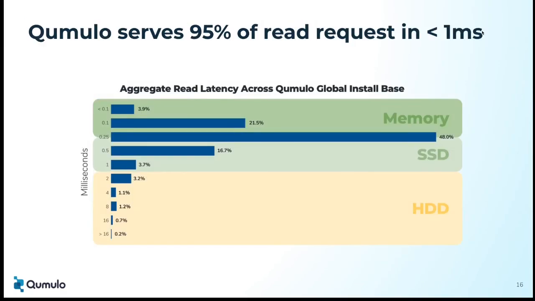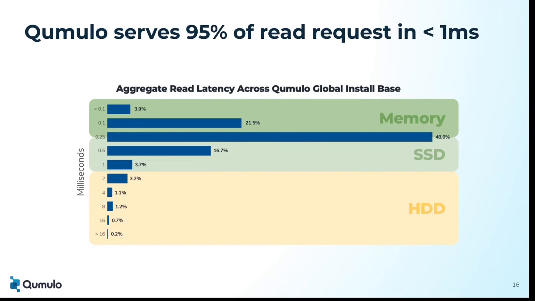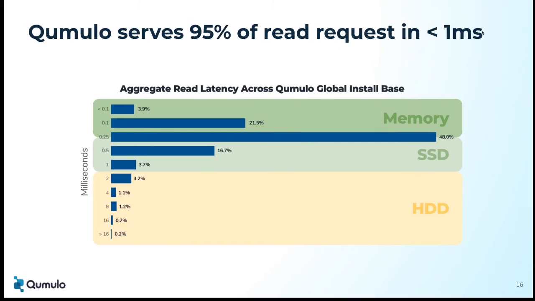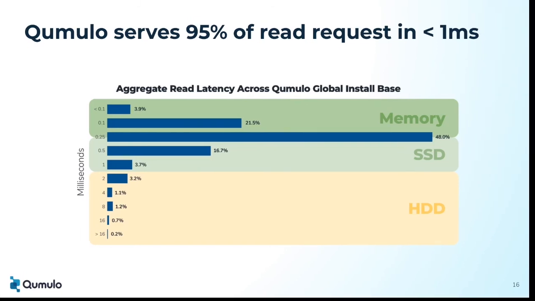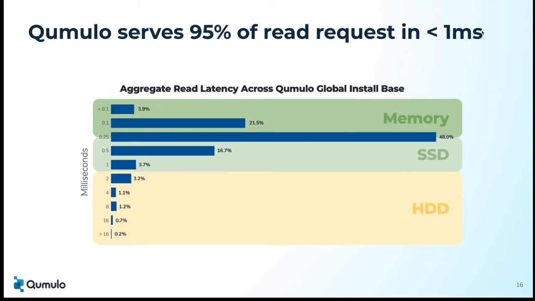This statistic shows the aggregated read latency across the Qumulo global install base. And if you add together the bars in the green area, you can see that more than 95% of all read requests are served with a response time of less than 1 millisecond, which is amazing.